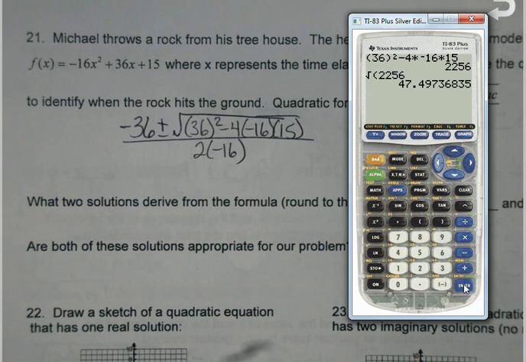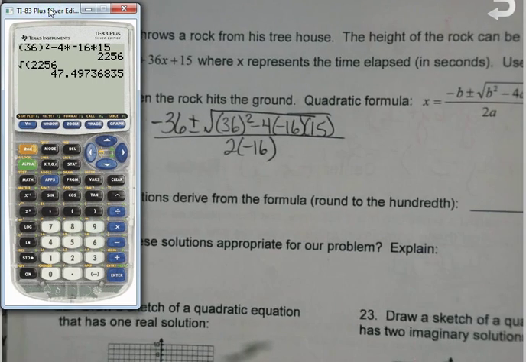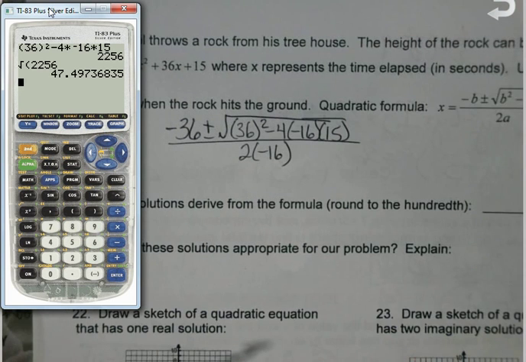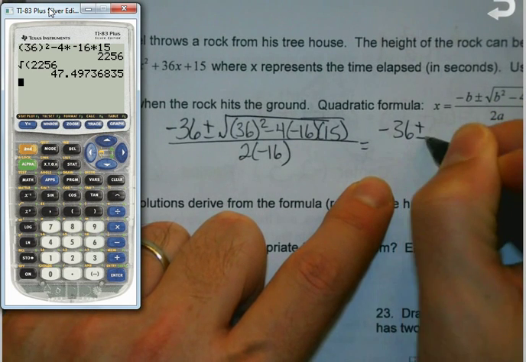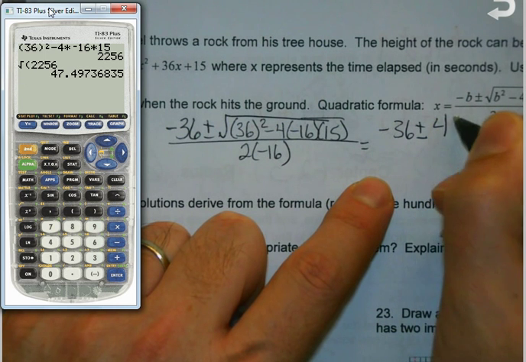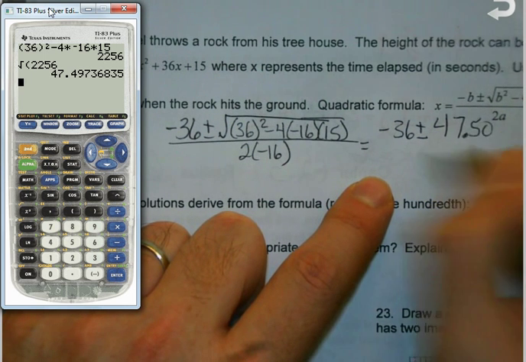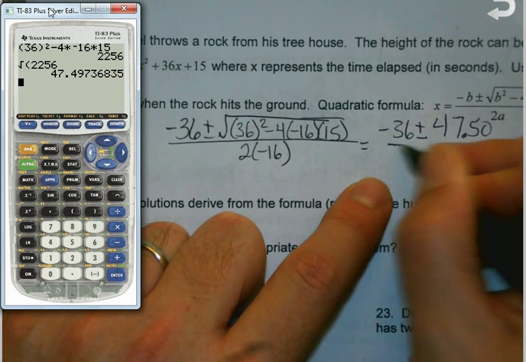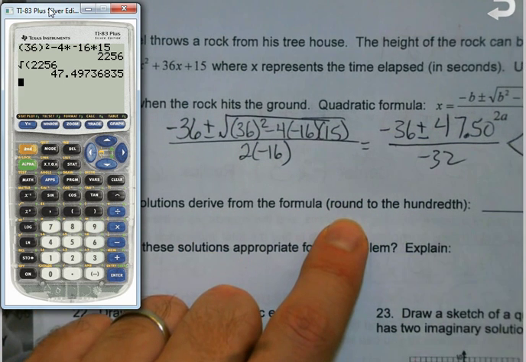Now, here's the one time, again, when we're in an application, it's okay to go to a decimal. So for instance here, I've got negative 36 plus or minus 47.50, we'll call it, all over negative 32. So I'm going to get my two answers.